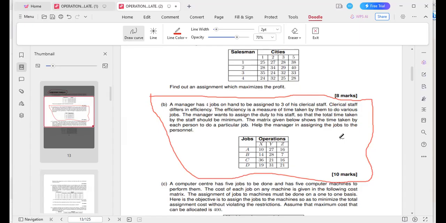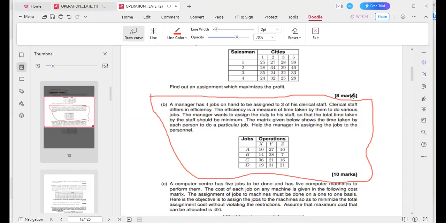The efficiency is a measure of time taken by them to do various jobs.